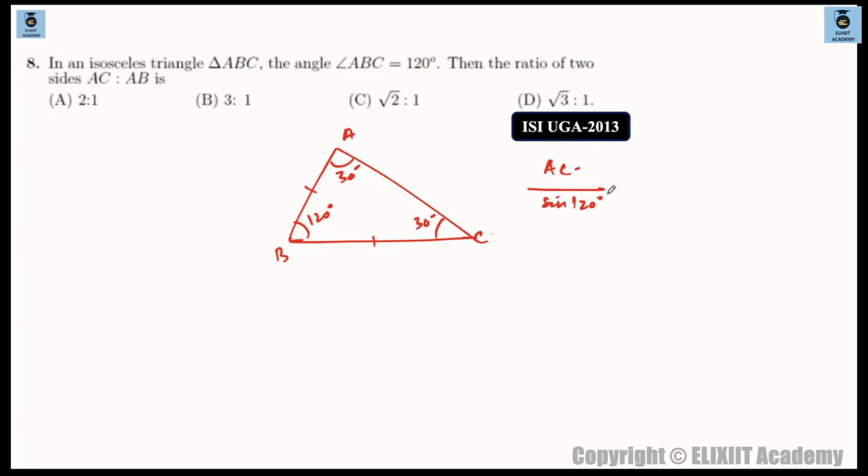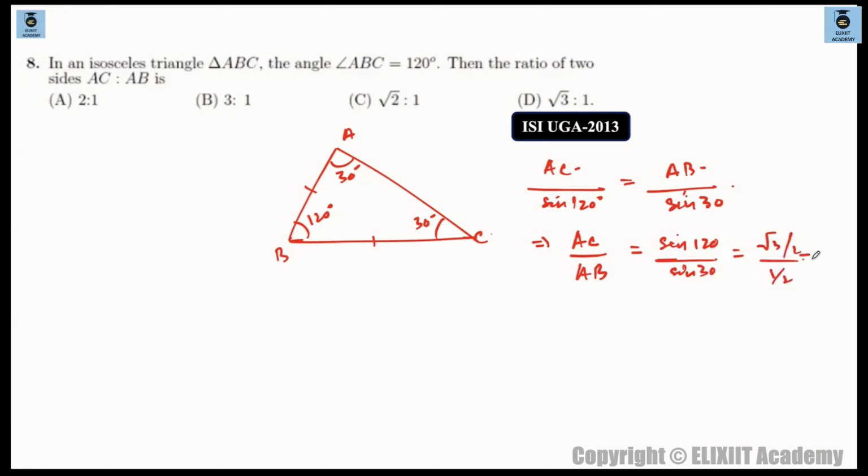AC divided by sin 120 is equal to AB divided by sin 30. AC by AB is sin 120 divided by sin 30. Sin 120 is the same as sin 60, so √3/2 divided by half, so √3. Option D is correct.